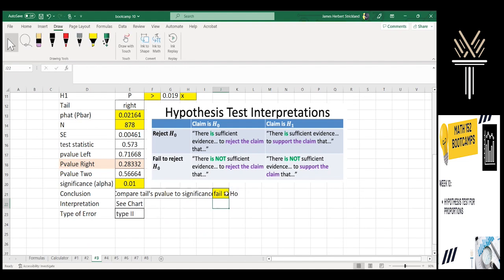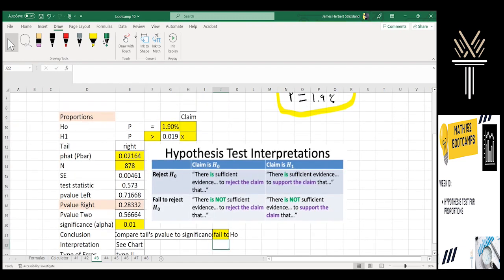But you'll notice this time our sentence is going to be different because our claim is not the null hypothesis this time. Our claim was the alternative, which is one of these two sentences, and we failed to reject. So now we're going to say this sentence.